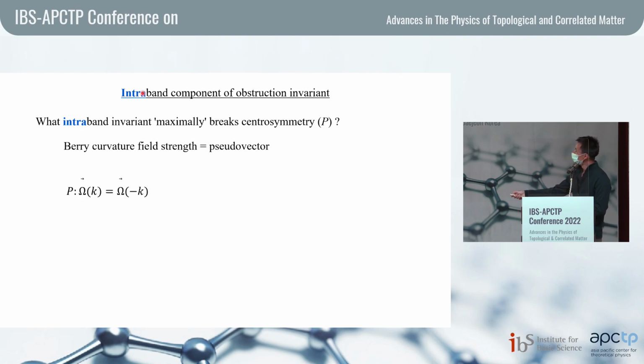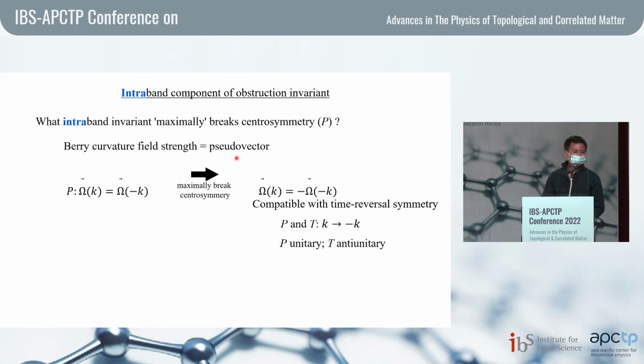If I denote central symmetry as P, then it constrains the Berry curvature at k to equal the Berry curvature at minus k, as a result of the central symmetry. So you might argue that if I want to maximally break central symmetry, I just want to change the sign from plus to minus. That's my argument.